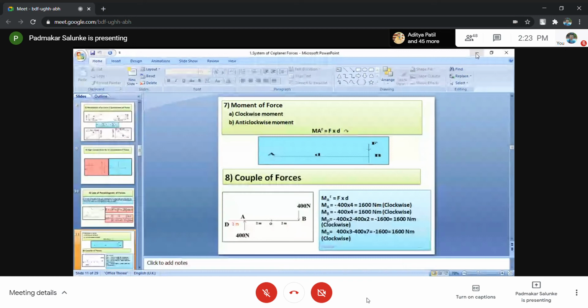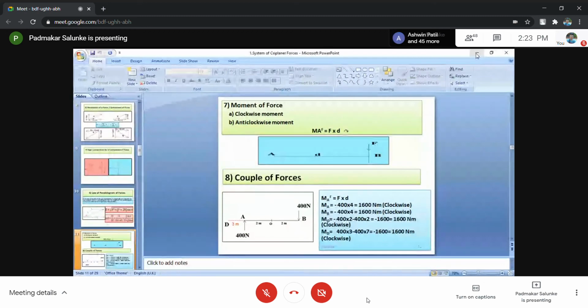If I am considering point A as a fixed point, then force F is pushing point B in the downward direction. That is, distance AB rotates about point A in a clockwise direction. That is called a clockwise moment.